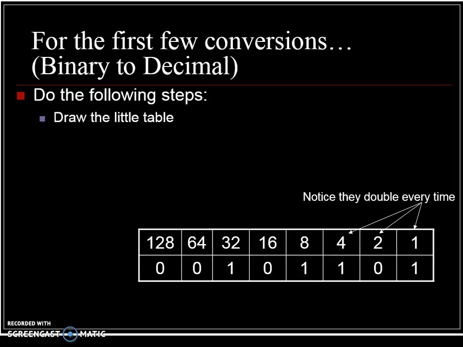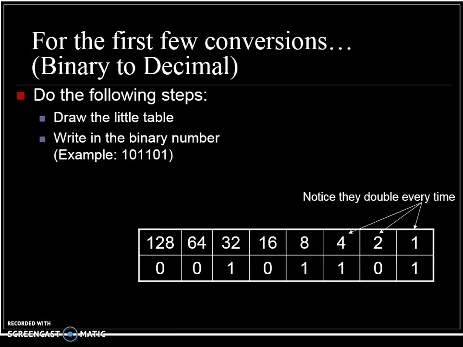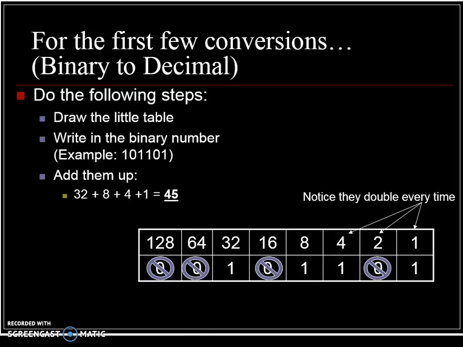So our steps: draw the table, and then write the digits into the table, of course maintaining all of the zeros involved. And then once we do this, we have a simple addition problem. We move up to the top, we scratch out the ones that have zeros, and add together, in this case, 1 plus 4 plus 8 plus 32, by my count, about 45.